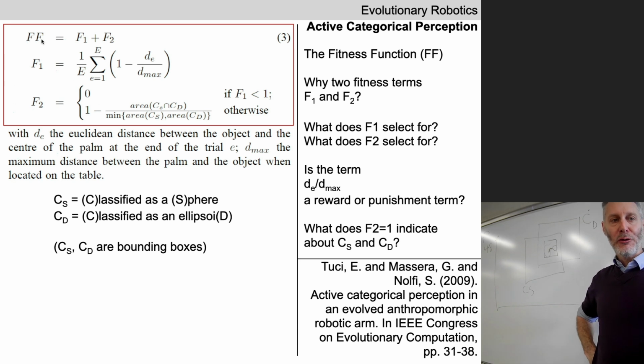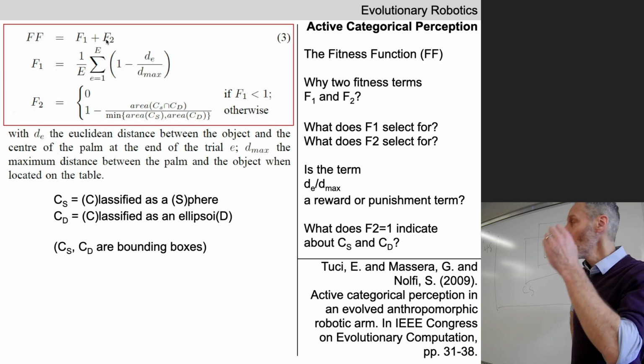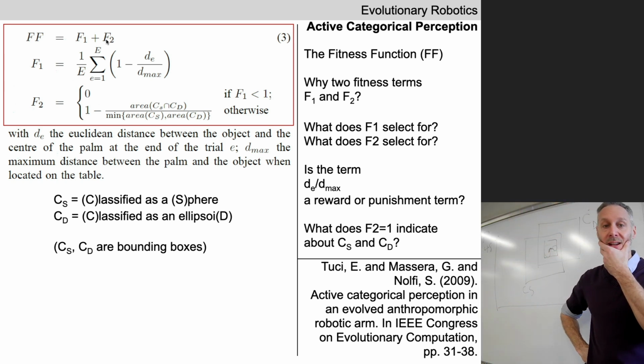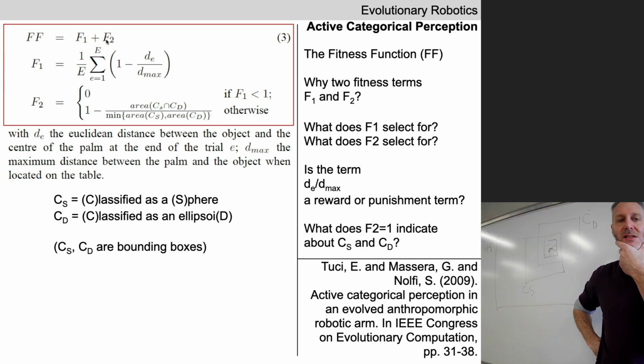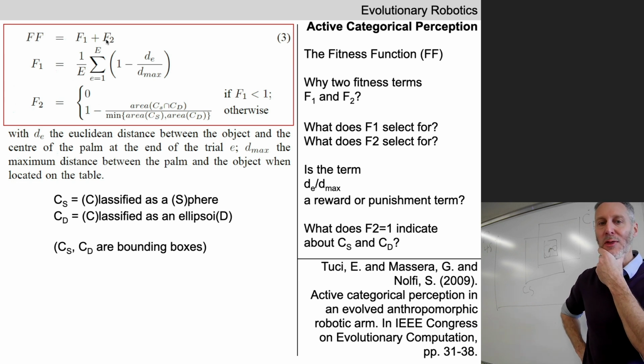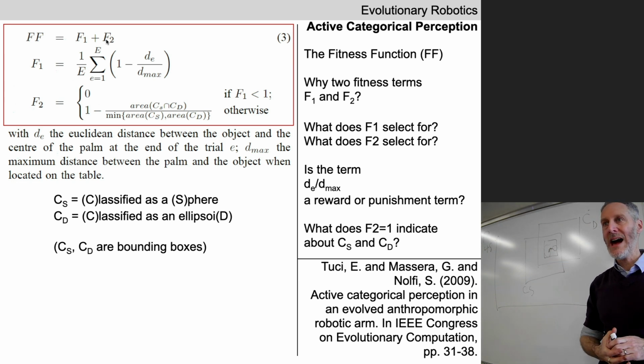So FF, or fitness function, equals F1 plus F2. So we're going to start to see this in the latter half of the course here. We're going to start to see some more complicated fitness functions because there's kind of a lot of things the robot needs to do to actually solve active categorical perception.